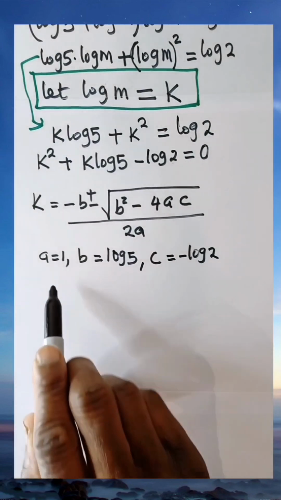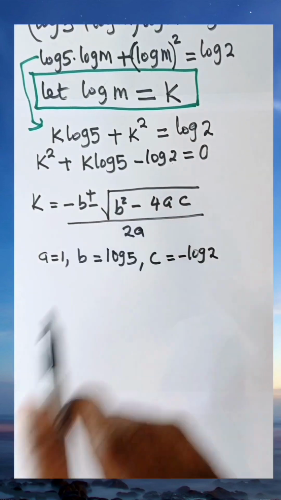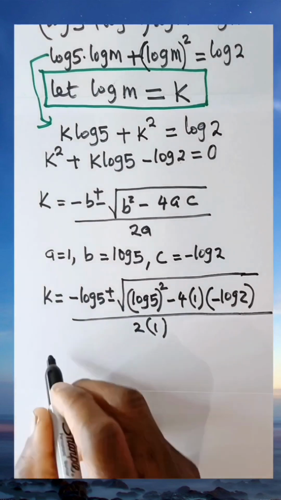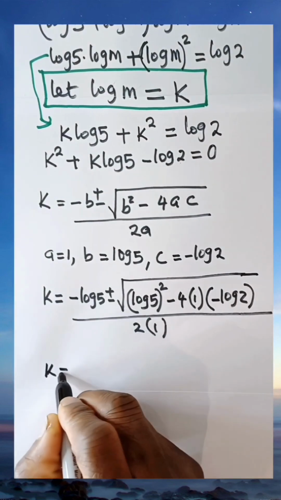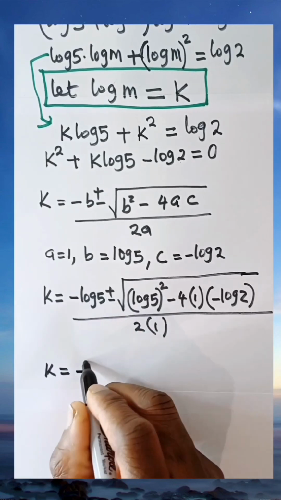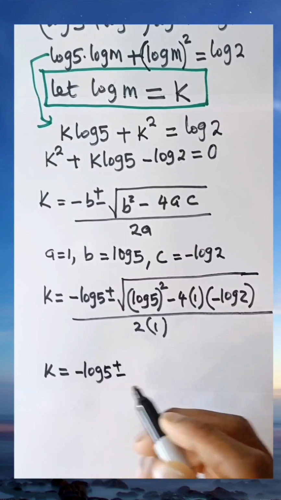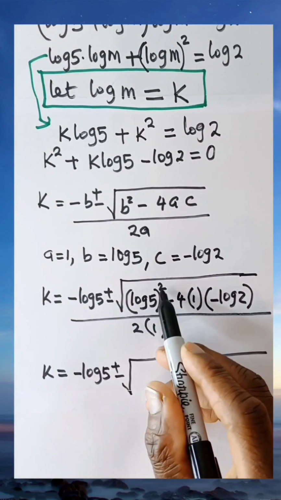Now, the next step is to plug these values in the formula. All right. Here we have k is equal to minus log 5 plus or minus the square root of log 5 squared.